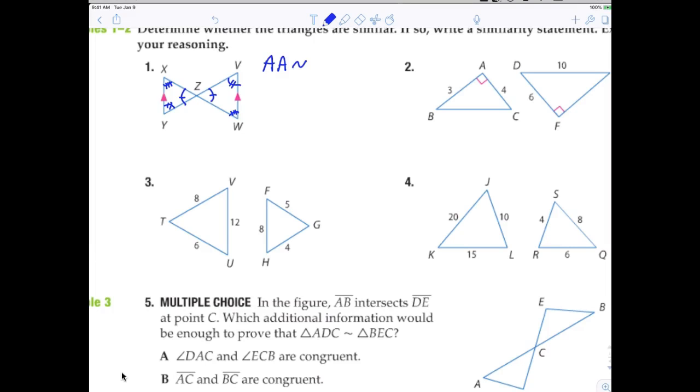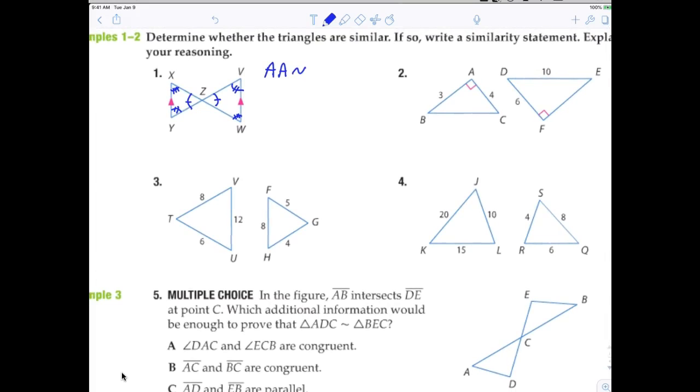Now what's coming next is you have to write the similarity statement. When you write the similarity statement, that just means you have to say, for example, the left triangle, I would call that triangle XYZ is similar to, now you have to say that X corresponds to what?